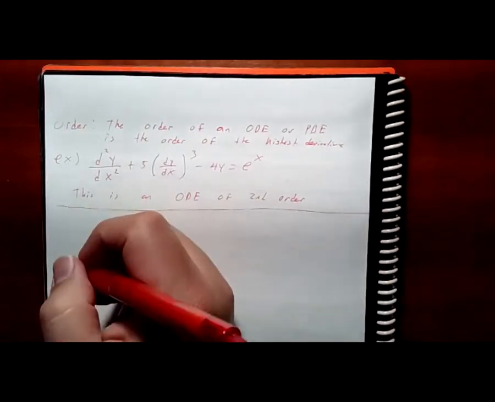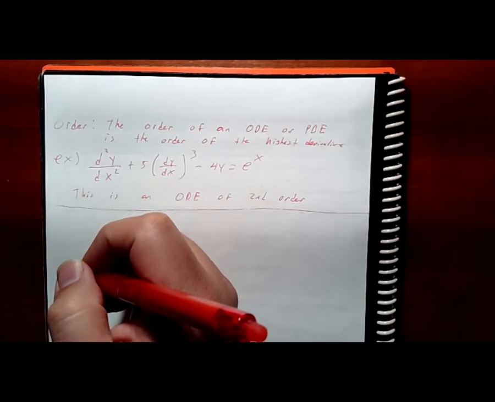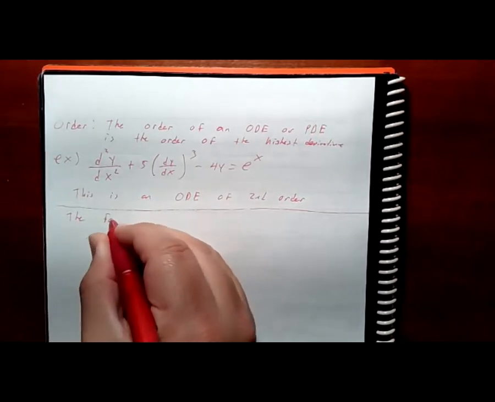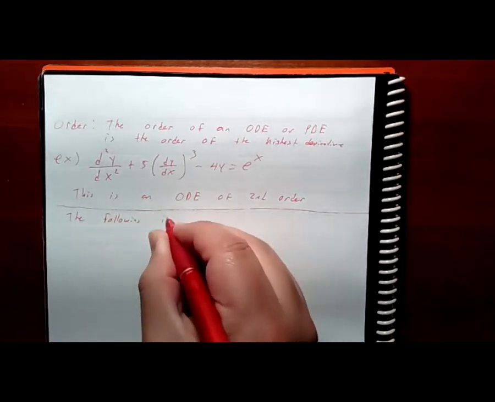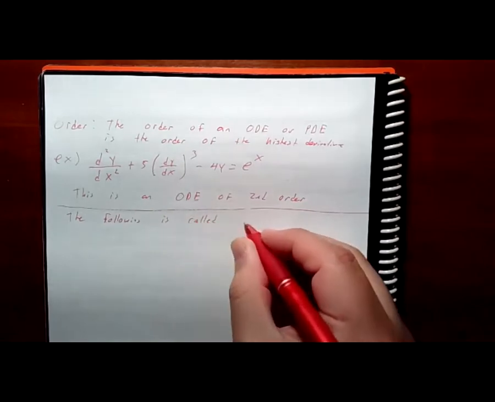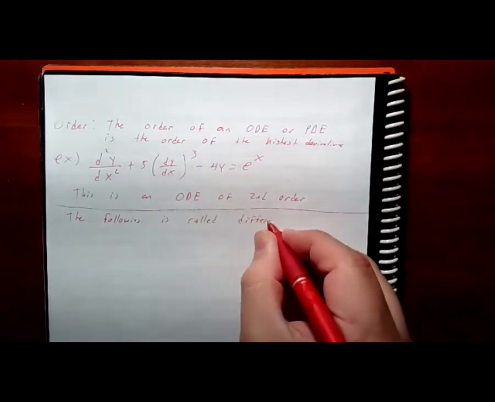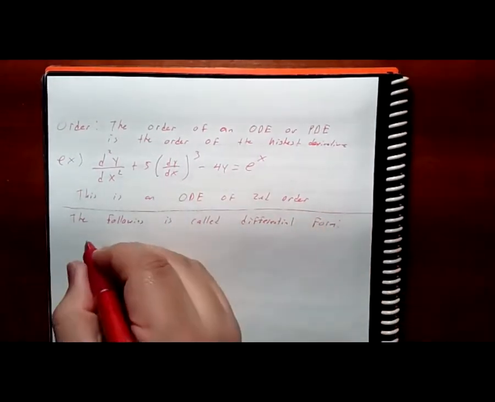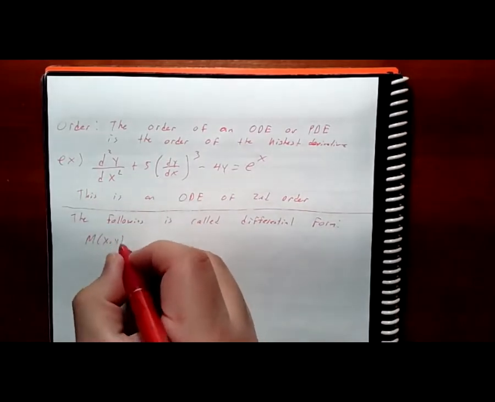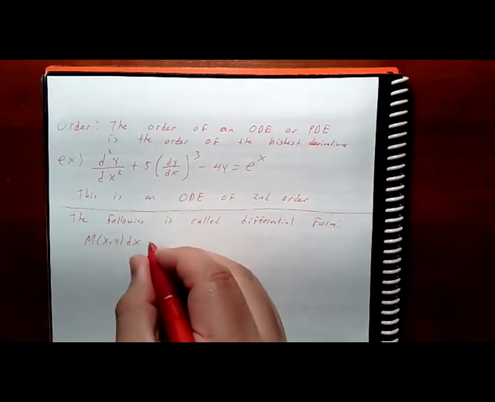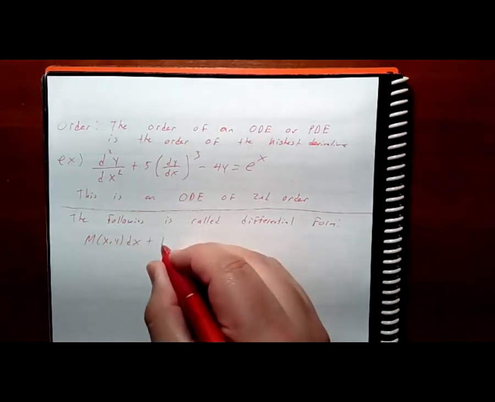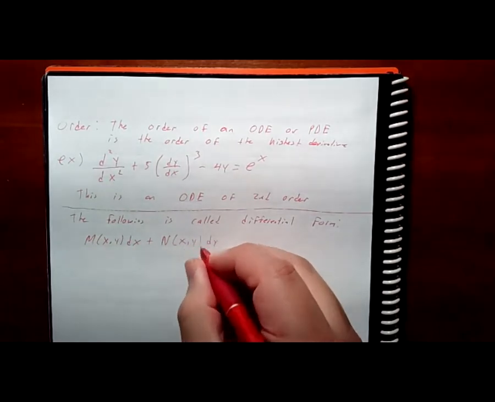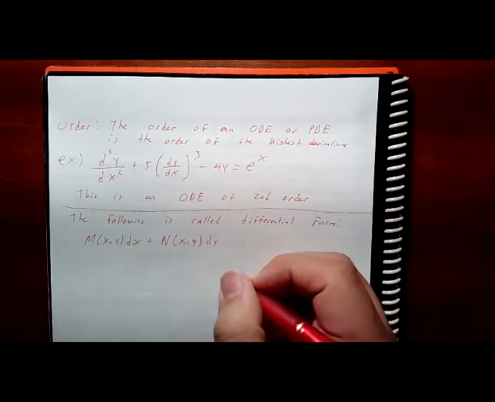Let's mention something else. This is called a differential form. M of x, y dx plus N of x, y dy is equal to 0.